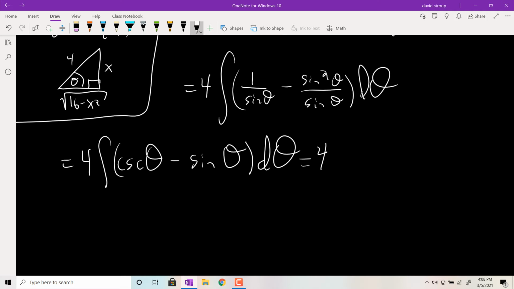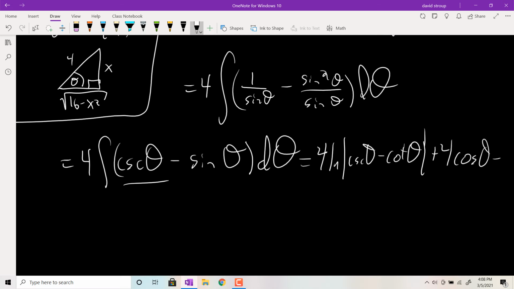I would have given that to you on the test, but just for here, it's ln absolute value cosecant theta minus cotangent theta, and then minus 4 times the integral of sine, which is negative cosine, so this will become plus 4 cosine theta, and then plus your integration constant. This is like half the battle right here.